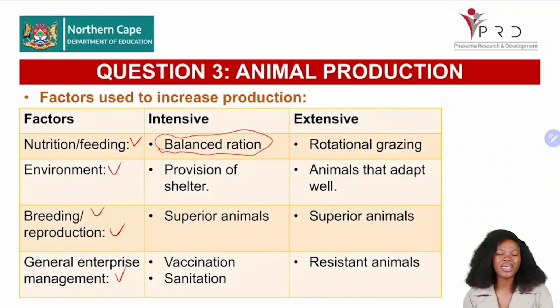And to measure this in a feed, we use the value called the feed conversion ratio. Now, a feed conversion ratio is a value that is used to measure how much an animal consumes in order to gain 1 kg of body weight. Now, when it comes to a balanced ration, animals will consume less and gain more weight.